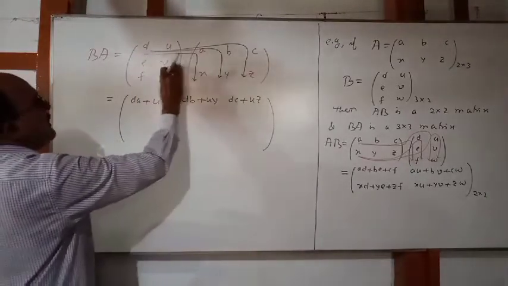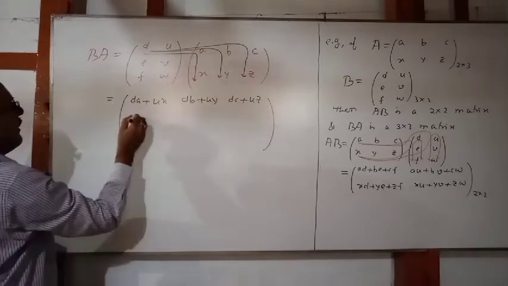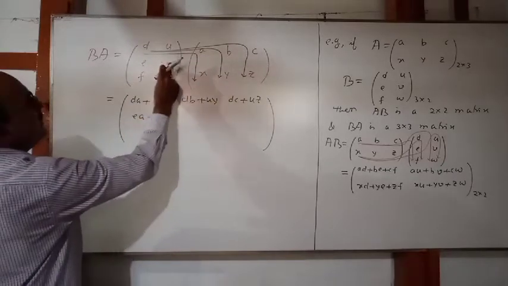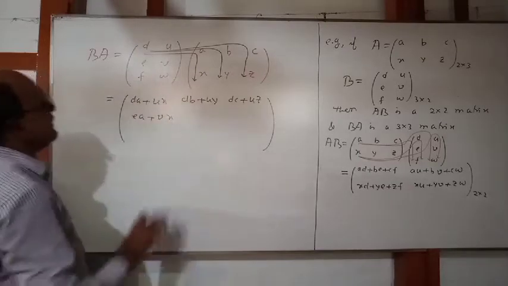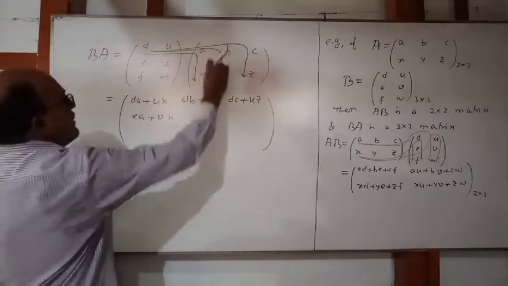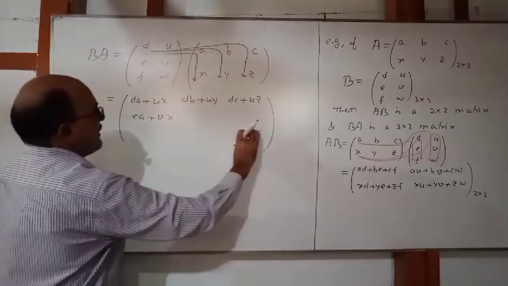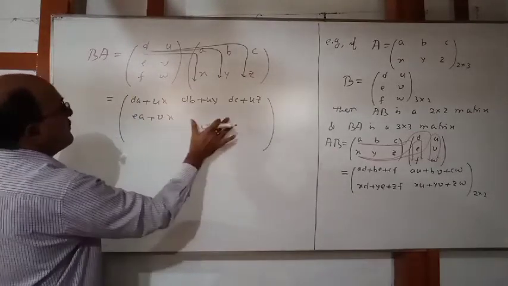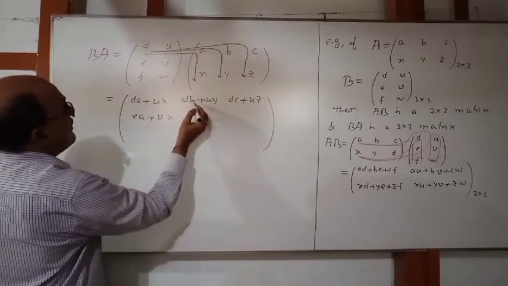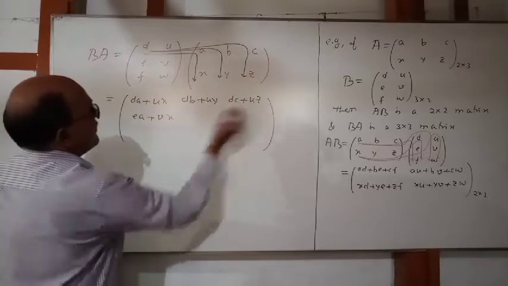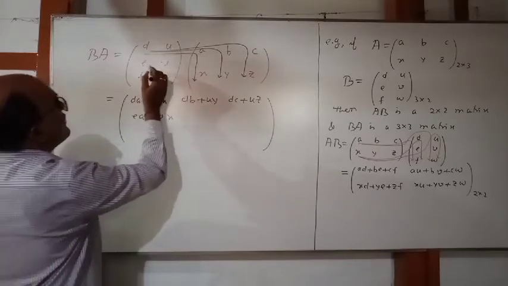Now let us start with the second row. Same action: second row, if we take E into A, EA, plus V into X, VX. Then with the second row, second column. Another thing you can note: when we write the second row of the product, see EB, this B and Y, C and Z will remain the same, only DU changes. Here the first row was DU and the second row is EV.